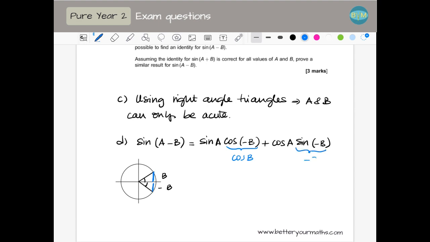So sine minus B is minus sine B. And that's what I'm going to use to substitute in the formula. So this is going to be equal to sine A cos B minus cos A sine B, which is the formula for the sine of A minus B. And that's all with this question.